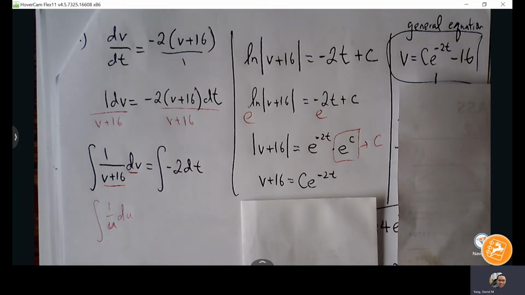Okay, so now what can we do? Yeah, what's the ordered pair that we're going to use? Good. 0 in for t, -50 in for V, and then you should be able to make your way down to the C value.